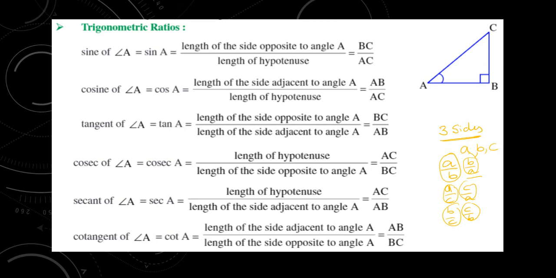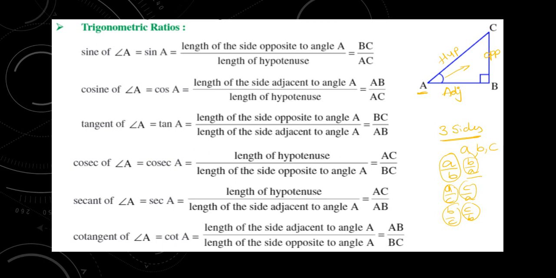The first ratio is sine, sine of angle A. Suppose this is angle A. Then with respect to this angle A, the side BC is called the opposite side, AB is called the adjacent side, and this AC is called the hypotenuse.